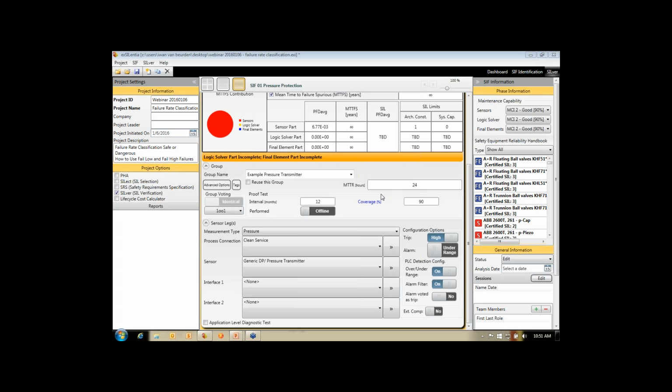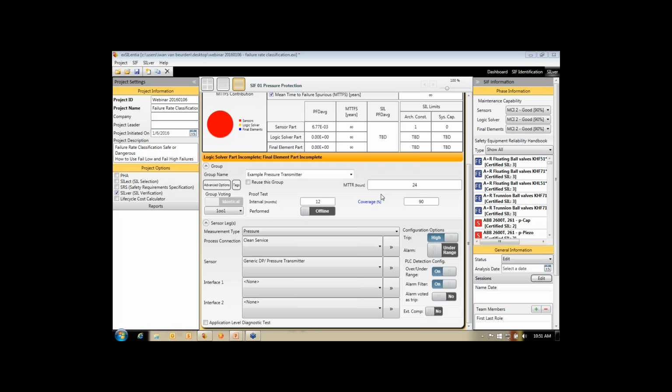How are the final elements affected with this classification? Not at all. Let me rephrase that a little bit. The classification that we looked at is specific to transmitters. It's specific to analog signals that go into the logic solver.